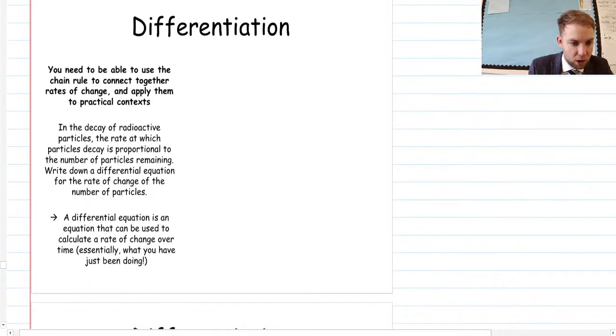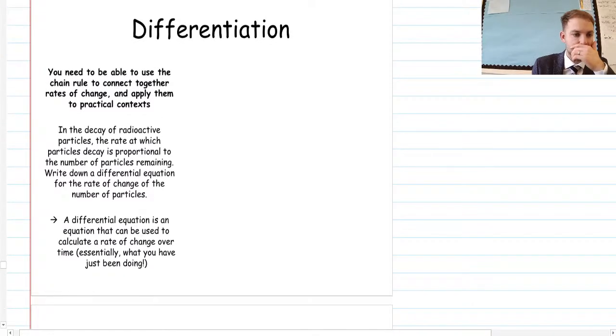Okay, so we've got some questions here to have a little go at. So this is the question here. In the decay of radioactive particles, the rate at which the particles decay is proportional to the number of particles remaining.